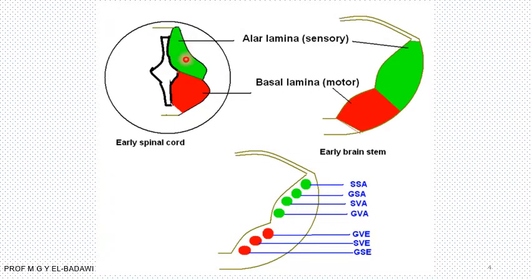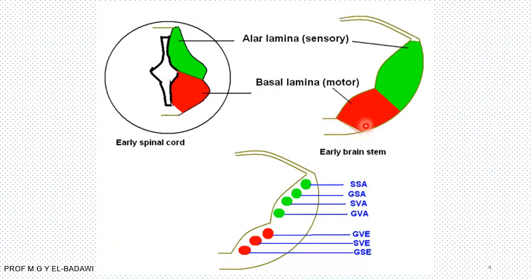In the spinal cord, we have, as we said, an alar lamina, which is the sensory part, and a basal lamina, that is the mantle layer, which is divided into sensory and motor areas. That's in the early spinal cord.